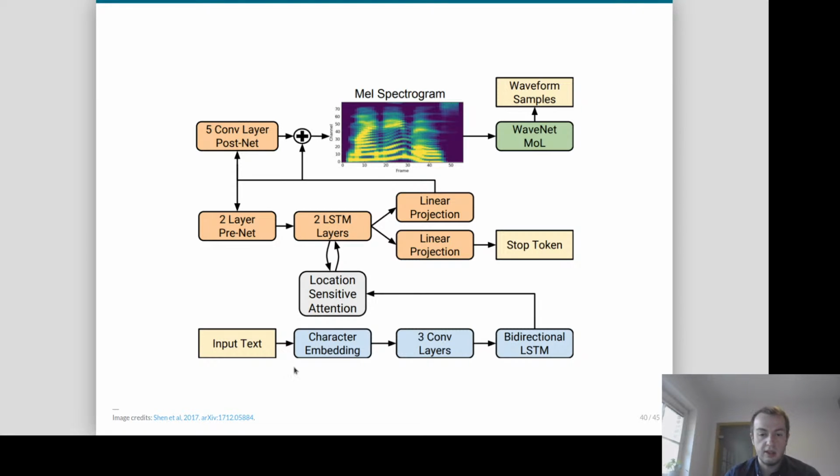Then some kind of character embedding would happen, which basically transforms the words into vectors. Then these vectors would be fed to convolutional neural networks made of 3 layers, and that would produce some internal feature representation of this sequence of characters.